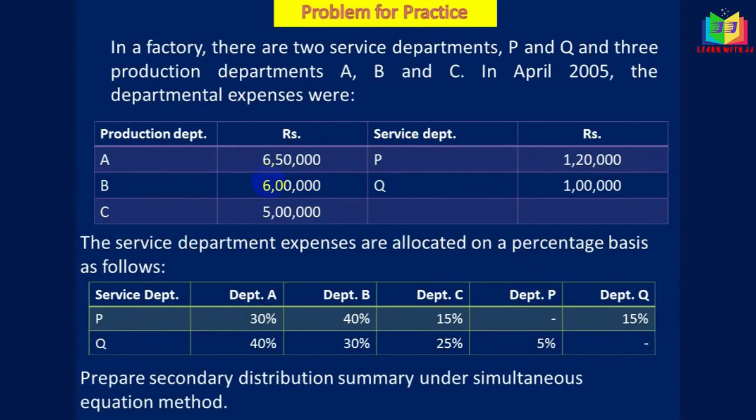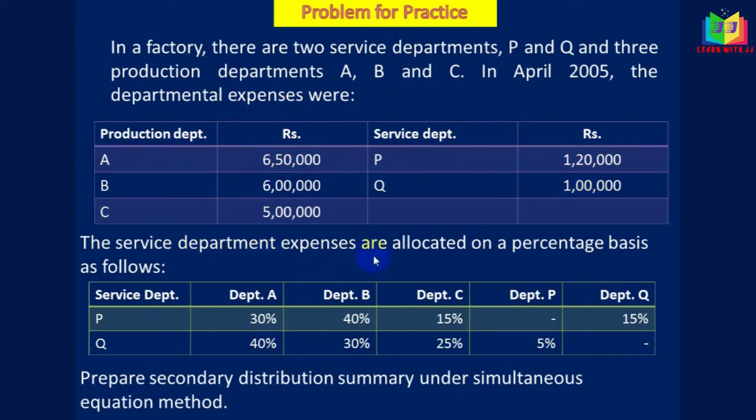Here we have a problem. In a factory, there are two service departments P and Q and three production departments A, B and C. In April 2005, the department expenses were as follows: these are the production departments A, B and C with the overheads as per primary distribution, and these are service departments P and Q, where the cost of P is 1,20,000 and Q is 1 lakh.